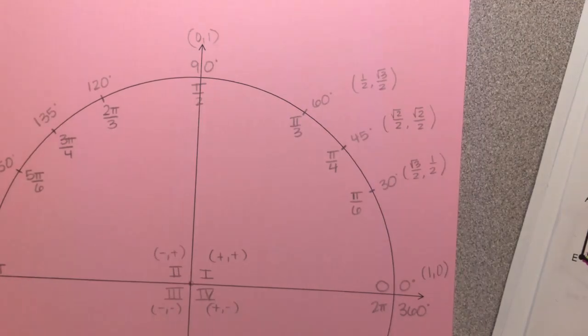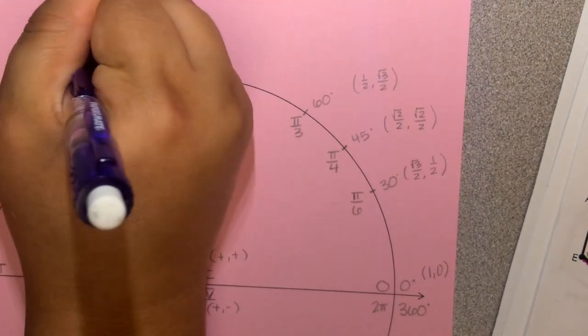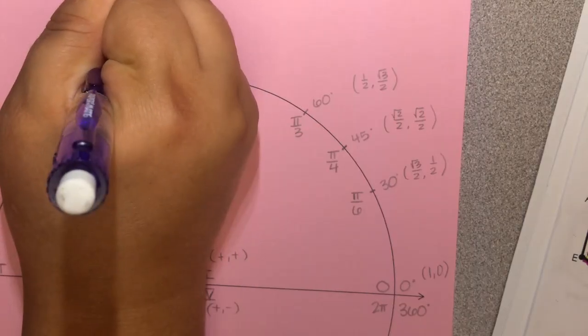What's going to happen with my second quadrant? X will be negative. You're going to reflect all of these, but all of your x's should be negative. So 120 is going to be negative 1/2, square root of 3 over 2.